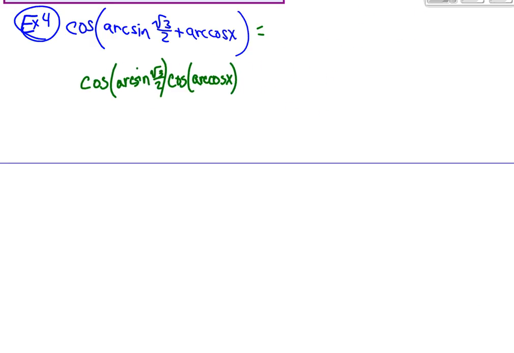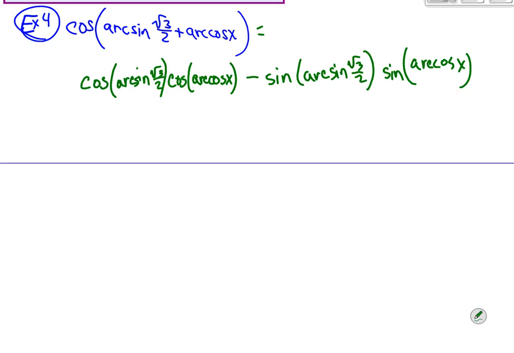And then since it's cosine, it'll be minus the sine of the arc sine of the square root of 3 over 2, the sine of the arc cosine of x. So first, it's just formulary, where we're just taking the cosine of alpha plus beta, which is the cosine of alpha, cosine of beta, minus the sine of alpha times the sine of beta.